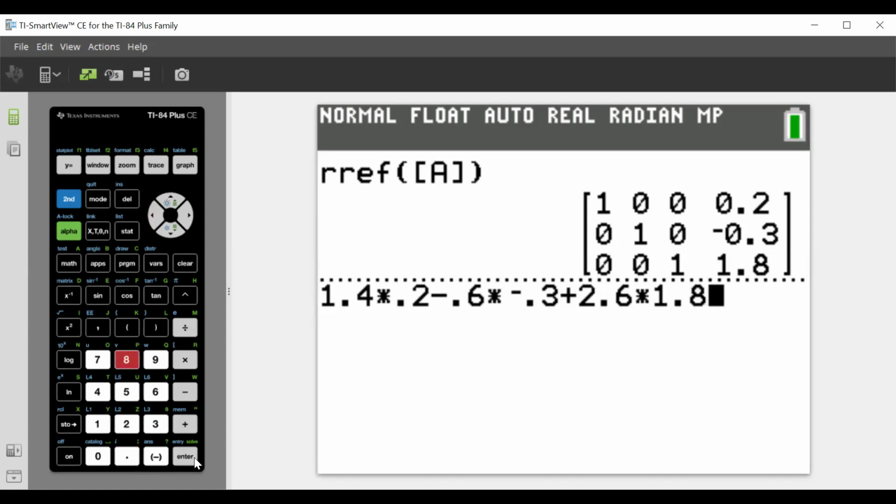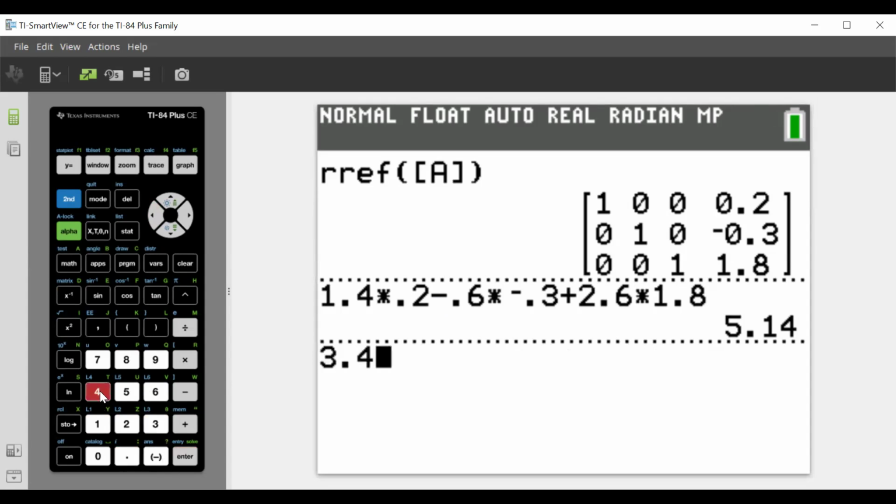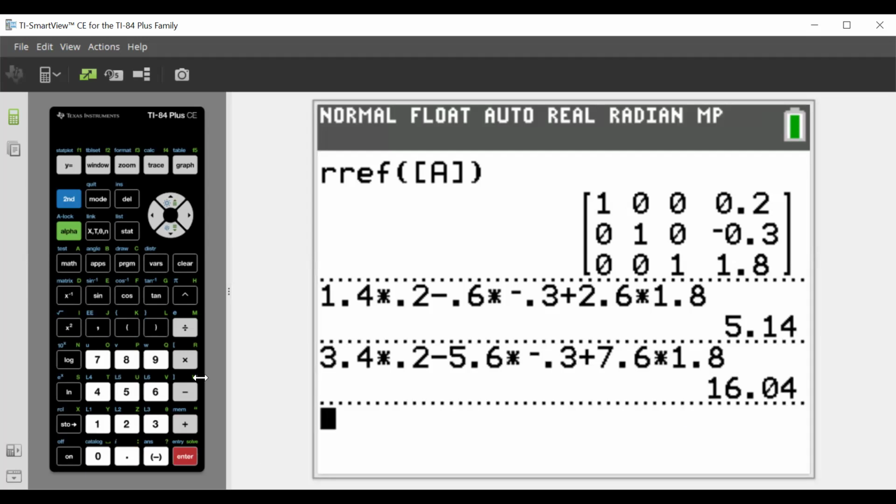Hit the right buttons here. 5.14. So the first one works. All right. So the next one is 3.4 times 0.2, and then we have minus 5.6 times negative 0.3, and then plus 7.6 times 1.8, and that's supposed to be 16.04, and it is.